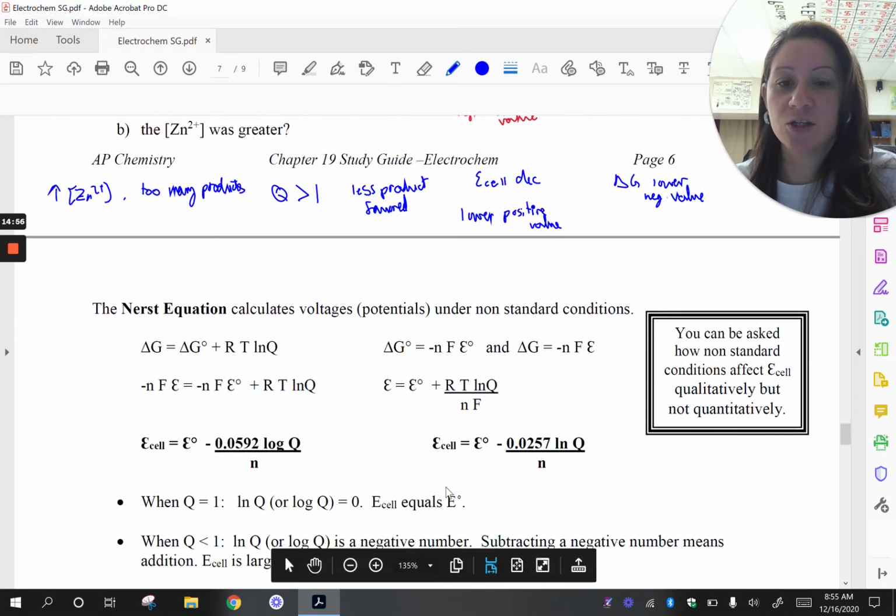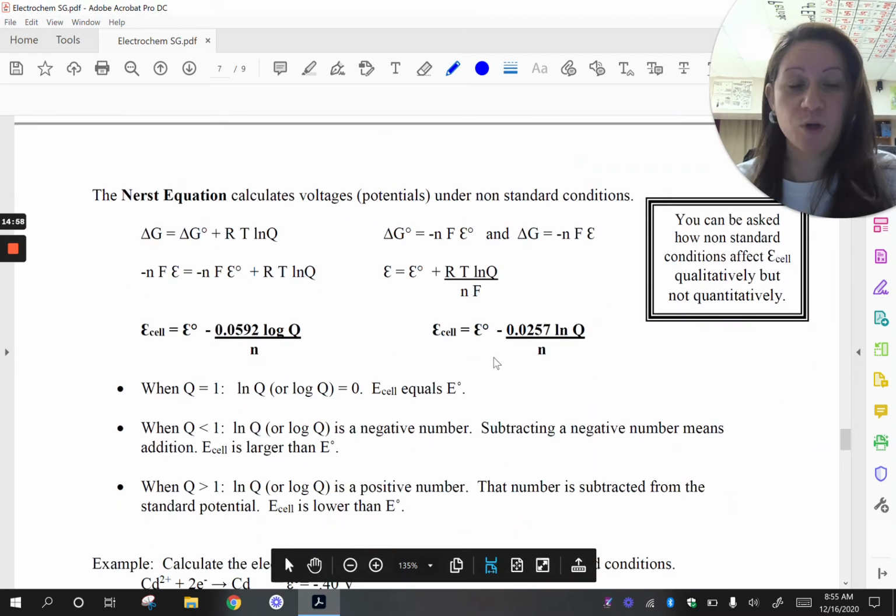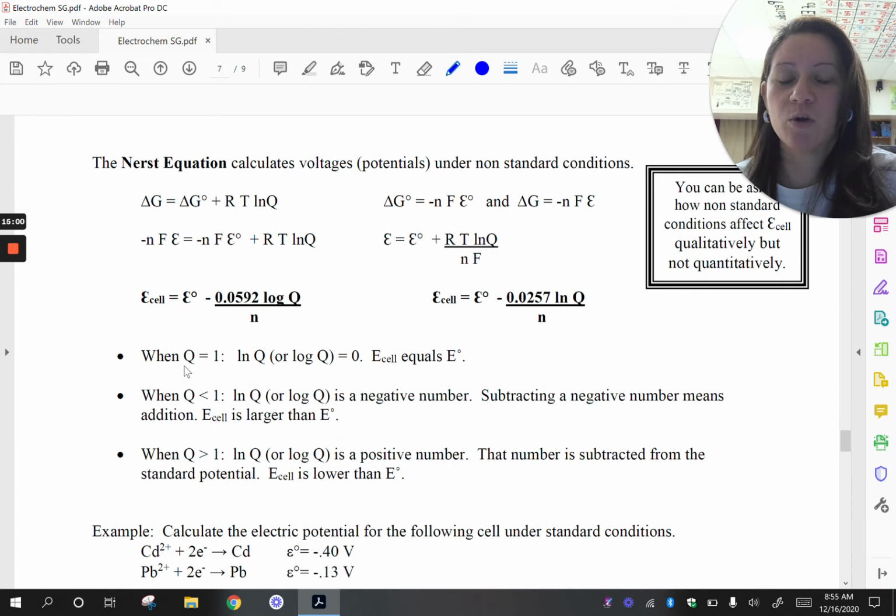Here it is, explaining it with the Nernst equation. If Q is equal to 1, then the natural log of Q would be equal to 0, and so this whole term would be equal to 0. So the cell potential at non-standard conditions will be equal to the cell potential at standard conditions, right?